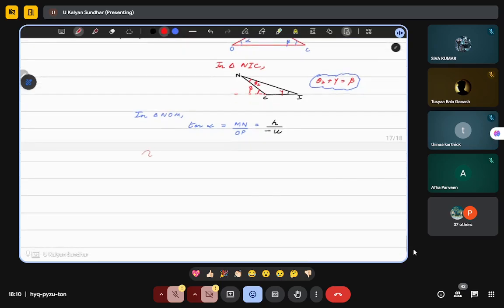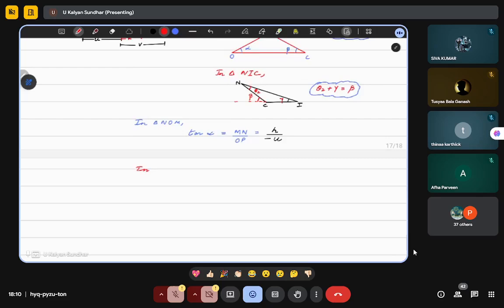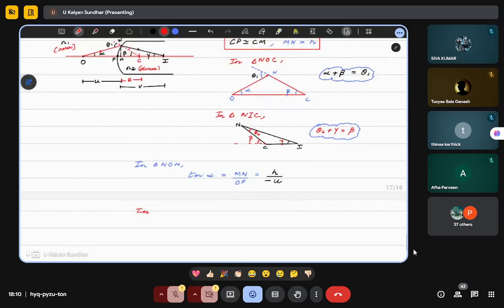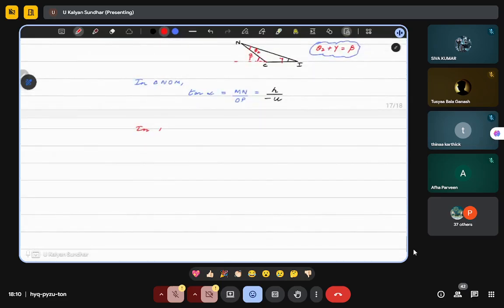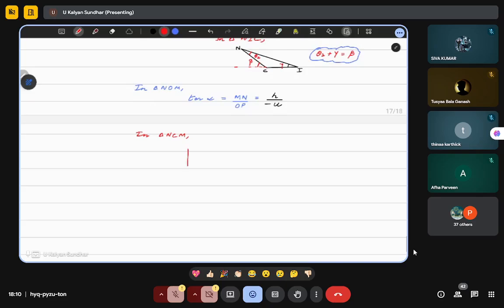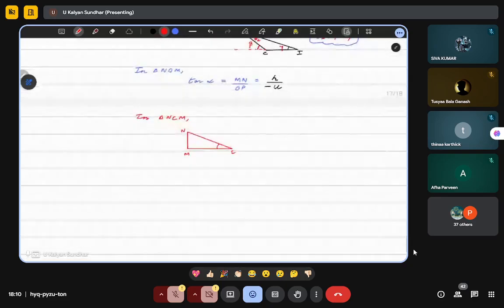Next, what is the next triangle? In the triangle NMC, what about this angle?